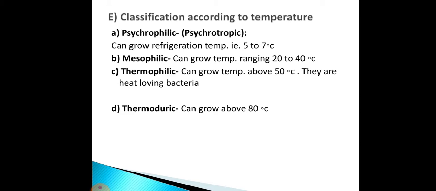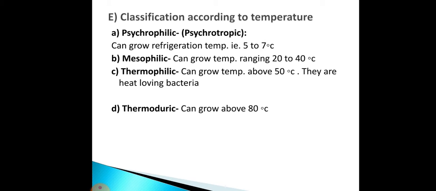Then the next one is the classification of bacteria according to temperature. The first one is the psychrophilic bacteria or psychrotrophic bacteria, meaning the bacteria which can grow at refrigeration temperature, that is 5 to 7 degrees centigrade. The second one is the mesophilic bacteria, the bacteria which can grow at temperatures of 20 to 40 degrees centigrade.